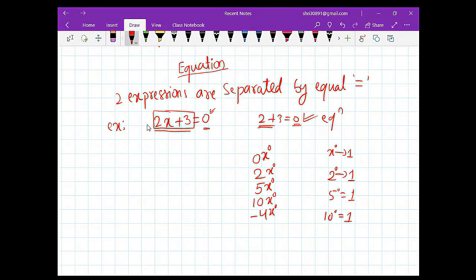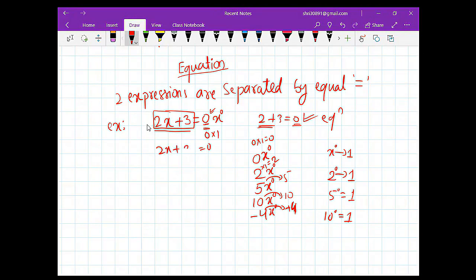So 0 into 1 is again 0, 2 into 1 is 2, 5 into 1 is 5, 10 into 1 is 10, minus 4 into 1 is minus 4. So here we have 0, which means there is a variable x raised to 0.